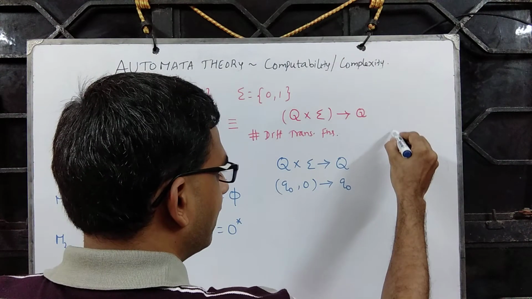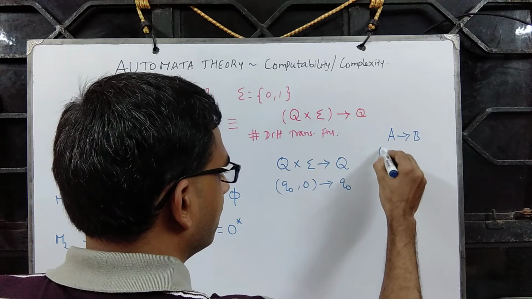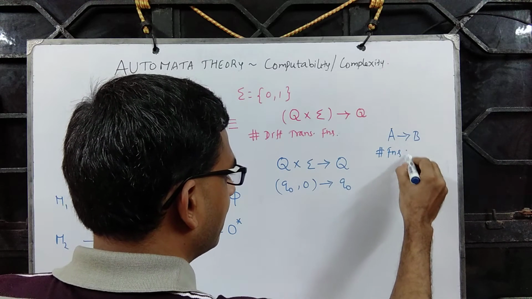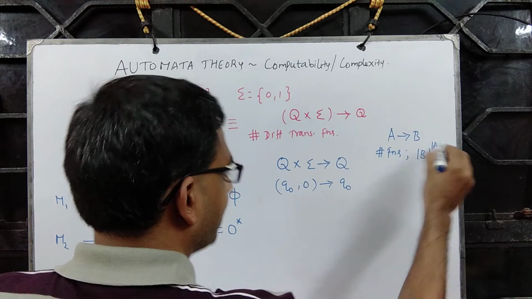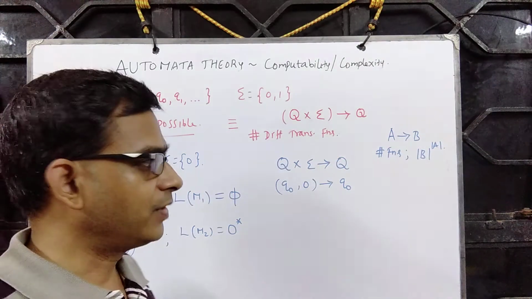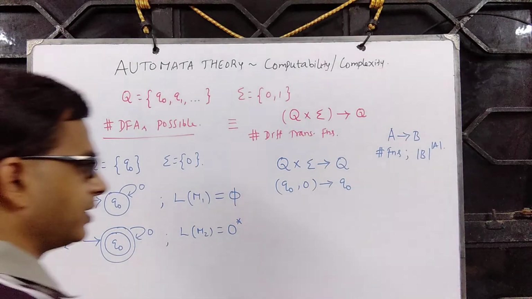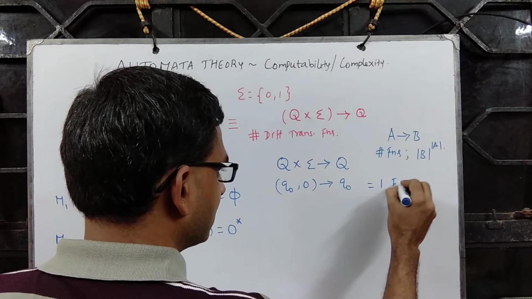In general, the number of functions from A to B is the cardinality of B to the power of the cardinality of A. Correct? That's precisely what we did in the module on functions. Which means only one function is possible.